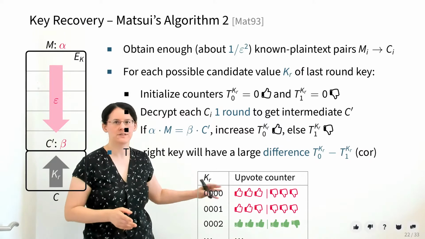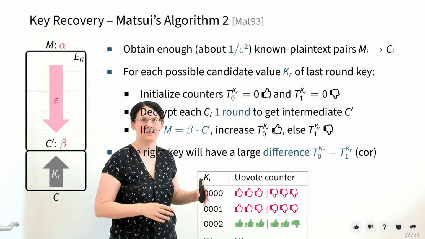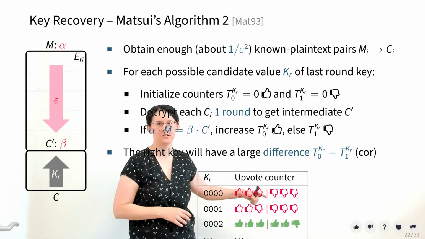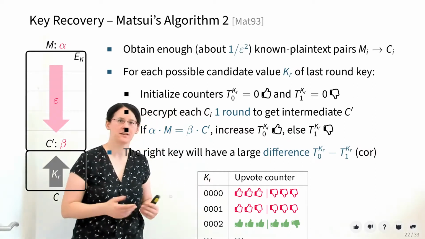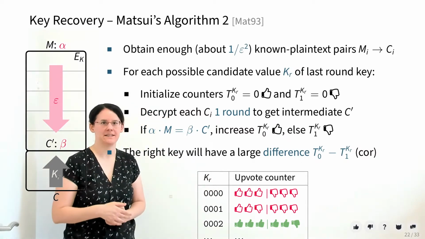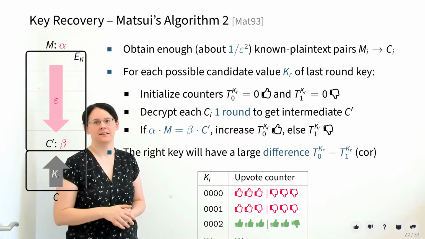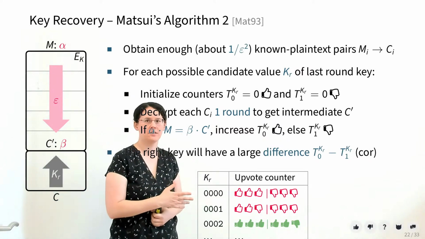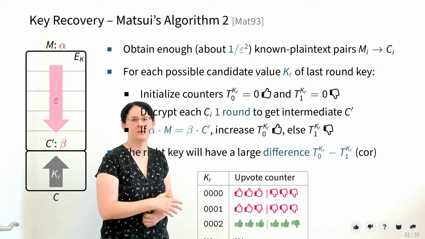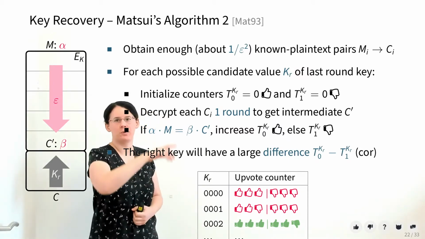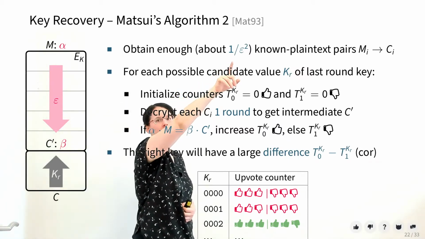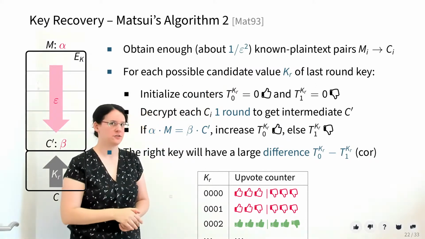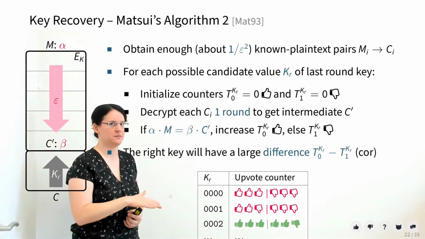In reality, of course, it's not just such small numbers, but these are going to be huge numbers. So the sum here is the same as the number of plain texts that I have. And this number, to be really clearly distinguishable, needs to actually be very large. It's proportional to approximately 1 divided by epsilon squared, where epsilon is the bias of the full equation.